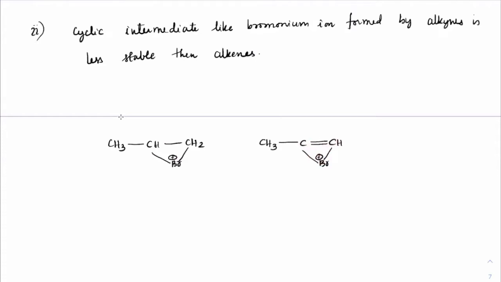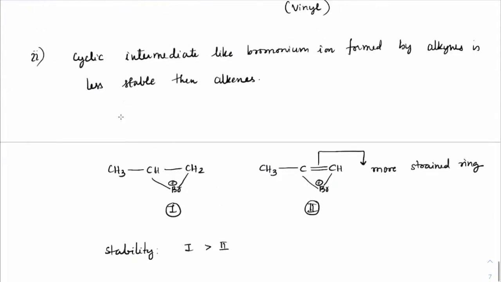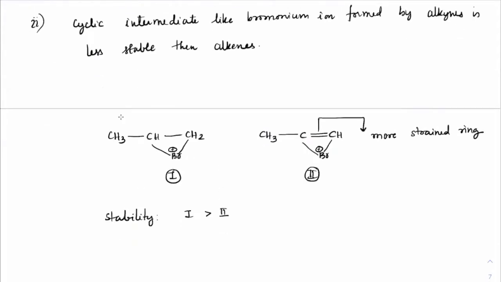So this ring is going to be more strained. Since this is the more strained ring, what about the stability? If I take this as 1 and 2, which is more stable? When it comes to stability, 1 is more stable than the second one. Hence, even the electrophilic addition of bromine is not going to give you a strong formation here.